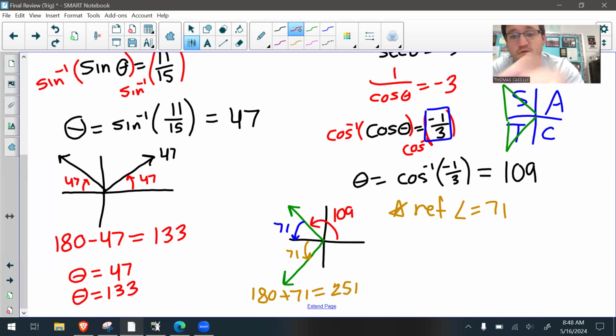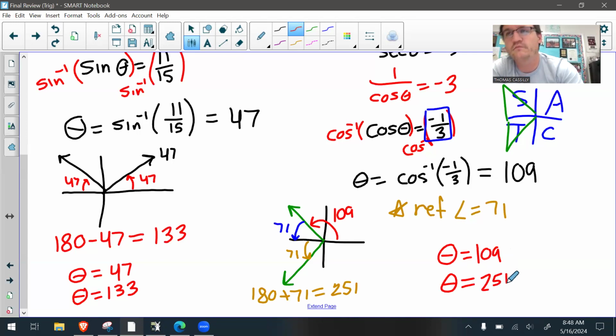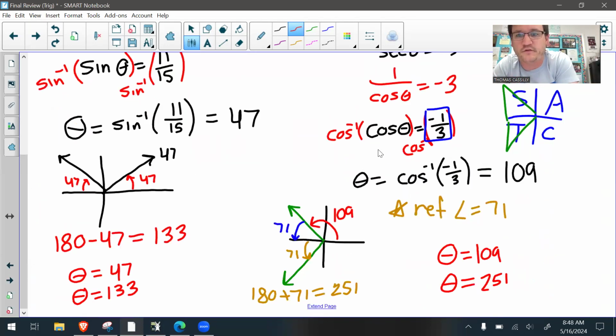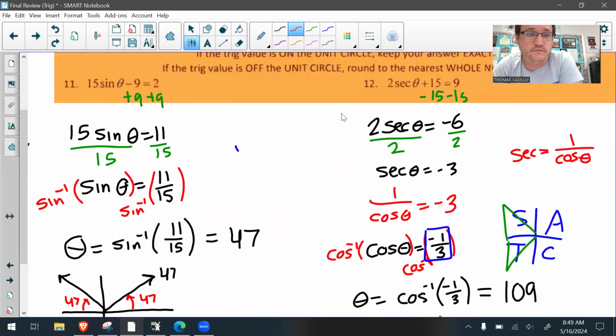So our two answers for this problem, theta equals 109 and theta equals 251. So there we have it. And again, we could plug both of those into this problem, and it's going to spit out a 9. Right?